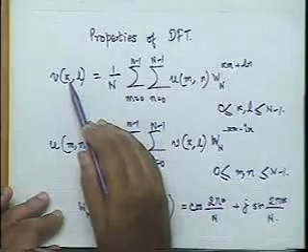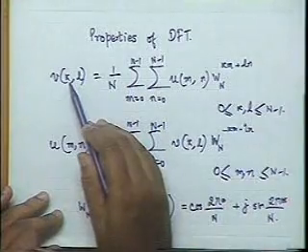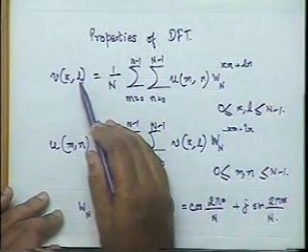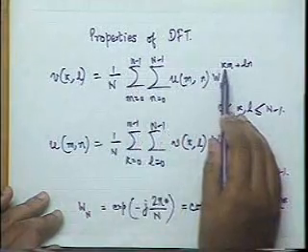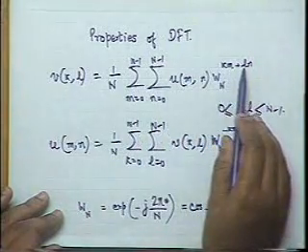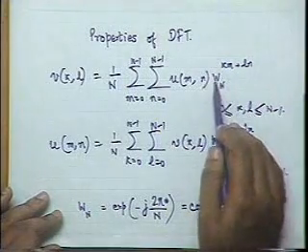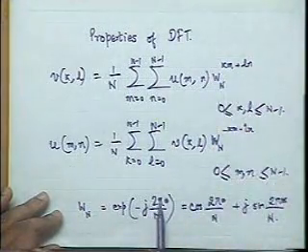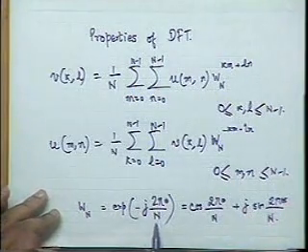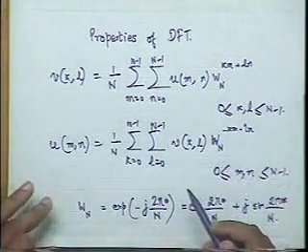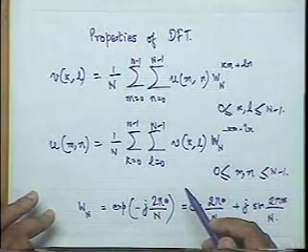Simply V(k,l), because whenever I substitute k plus capital N for k and l plus capital N for l, this is multiplied by exponential to the power minus j 2 pi by N, so the exponential term is some integral multiple of 2 pi, which means it is the same as V(k,l).